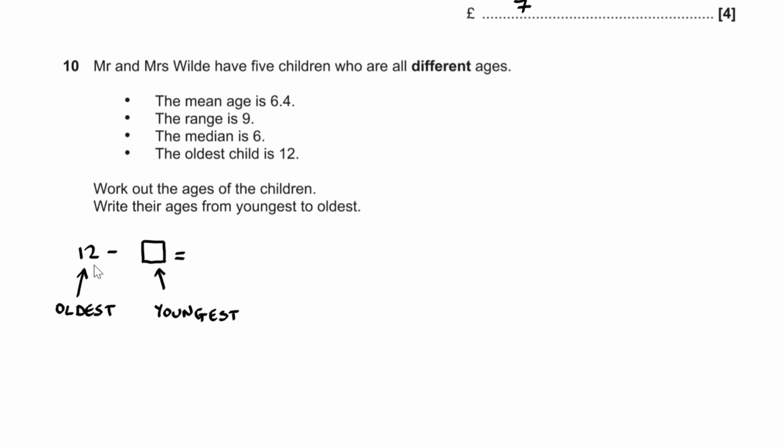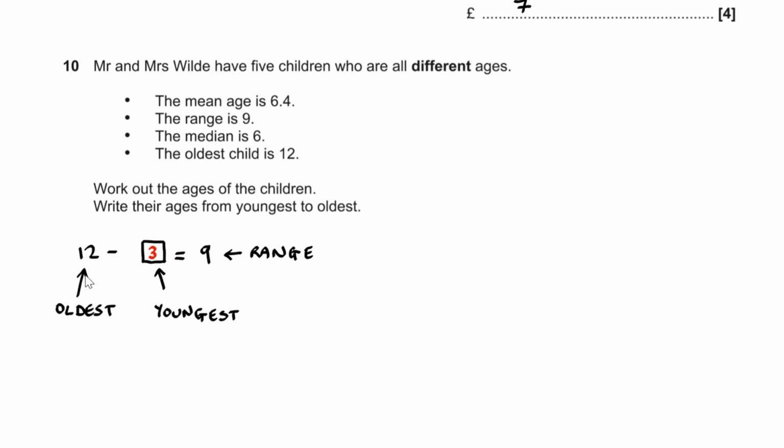The range, so the biggest age take away the smallest age, is equal to 9. So this 9 over here would represent the range. And therefore 12 take away something is 9. Of course that something is equal to 3. So the youngest child is 3 years old.